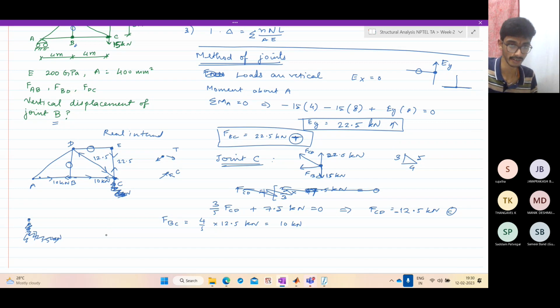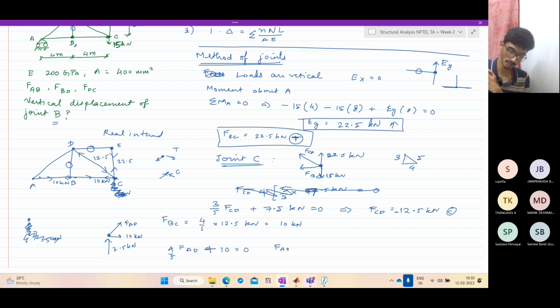Let me write it here. So at this point, you have 7.5 upwards and FAD and 10 kilonewtons. So what is FAD equal to? FADX is 4 by 5 FAD, which is acting right side, plus 10 equal to 0.